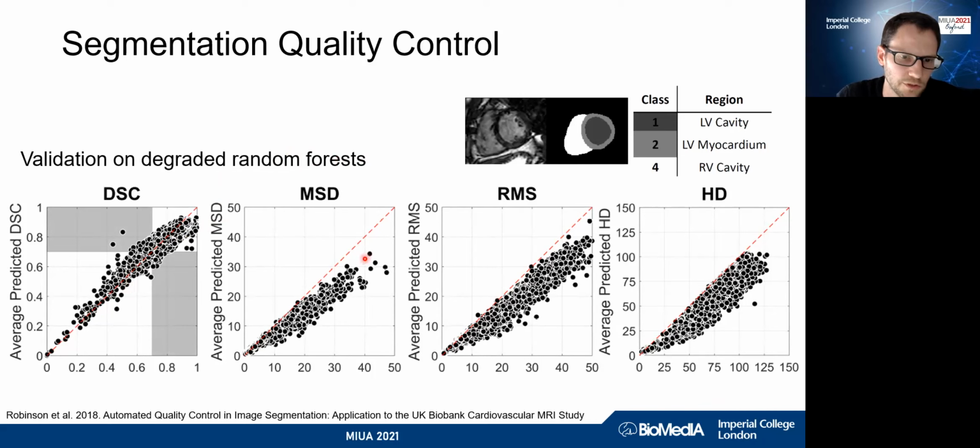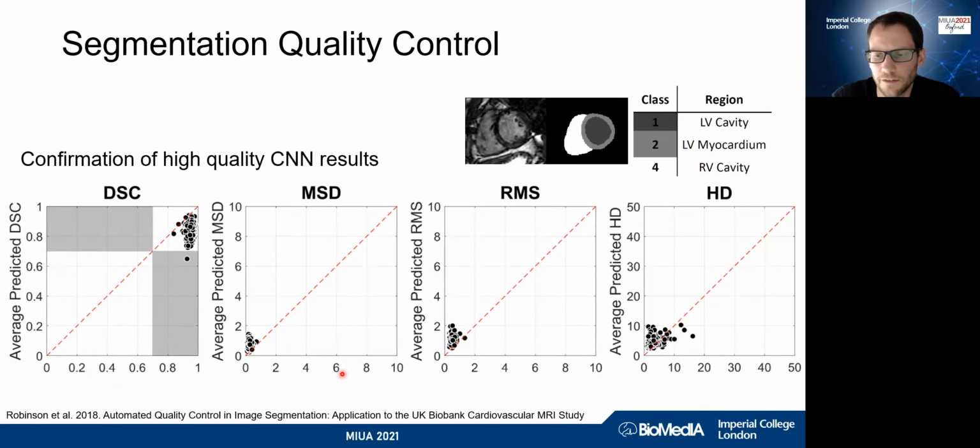And what we could show in these scatter plots is that for different segmentation metrics, we were able to quite accurately predict the score. So the ground truth score is on the x-axis, and the predicted score is on the y-axis. And you see that the predictions do correlate quite well with the real scores.